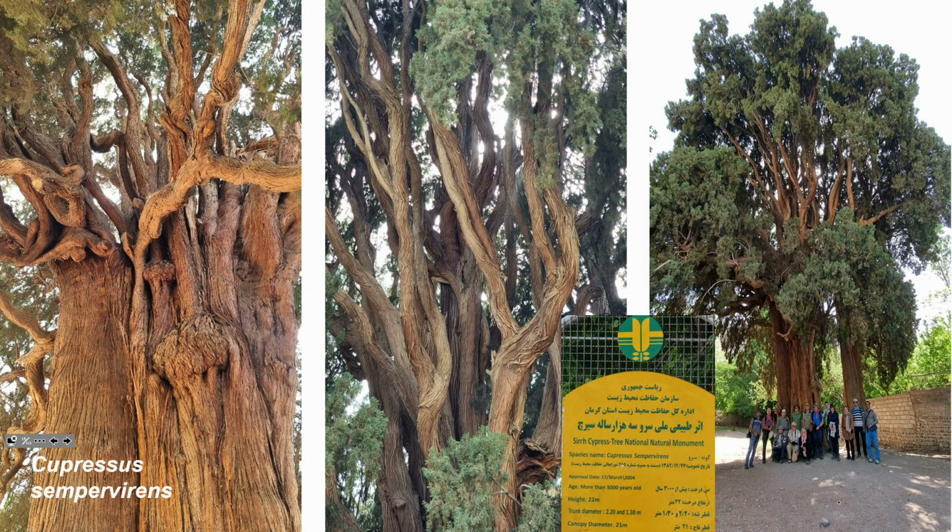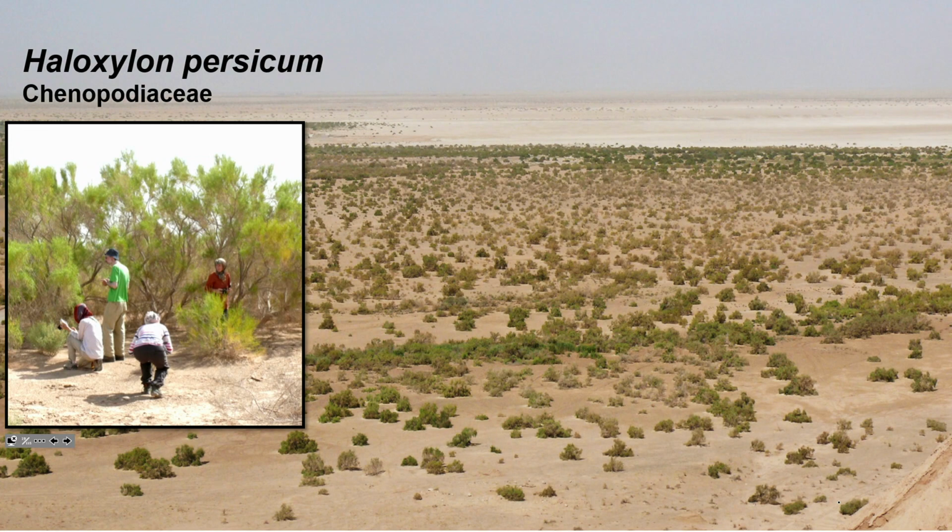And this is an interesting plant just between the desert and the mountain, not related to the vegetation types, but this Cupressus sempervirens is a very, very old tree, mentioned as 3,000 years old. Just when you drive from the desert to these high mountains at 2,000 meters, there is such a beautiful tree.